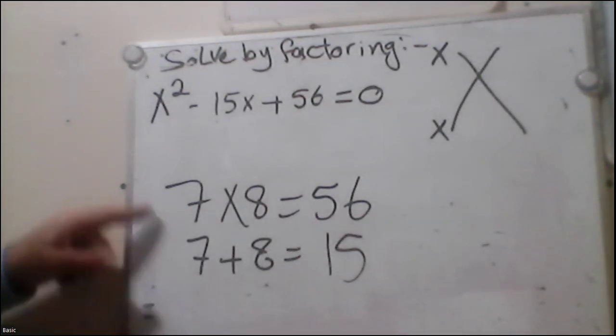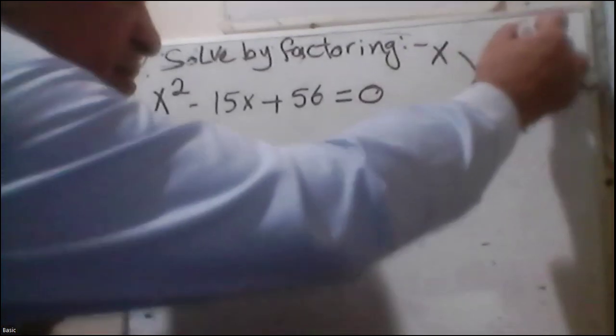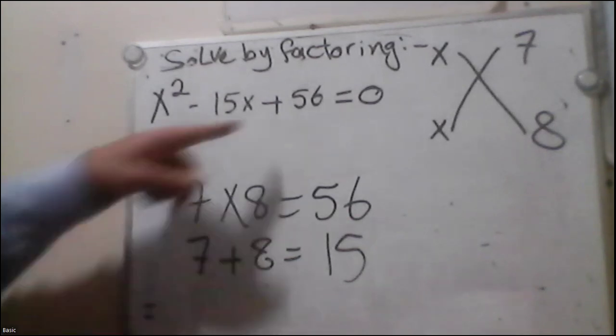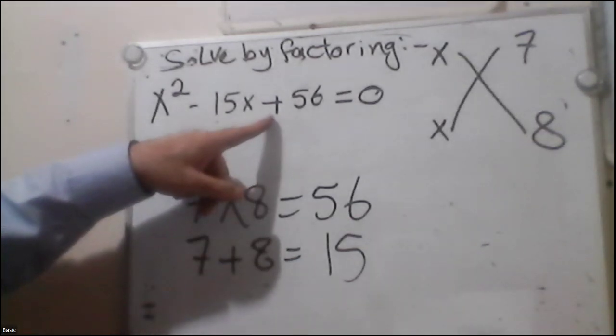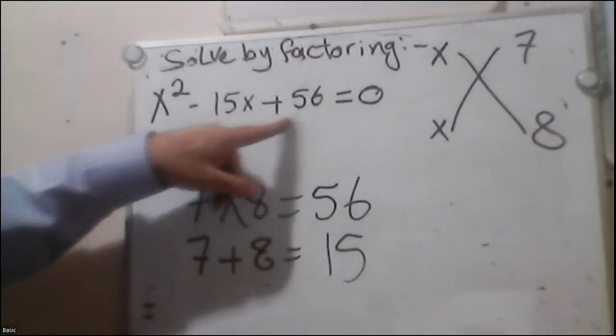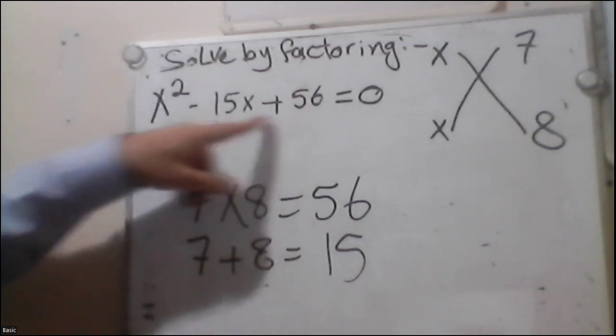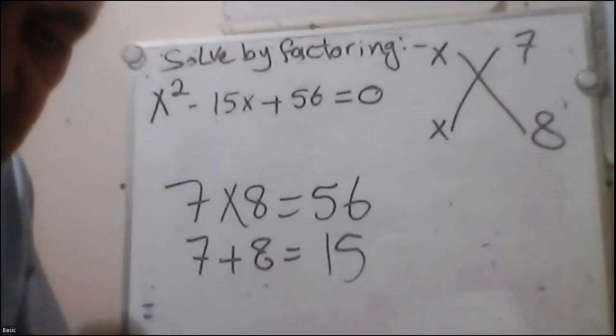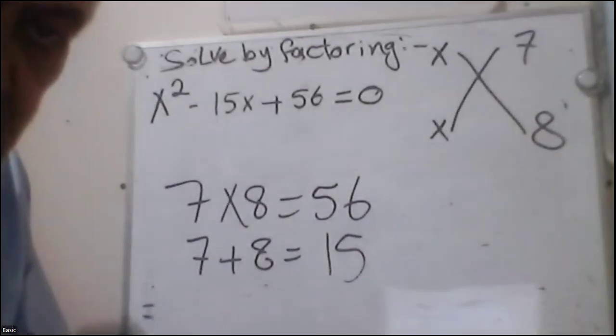So here I will say this is 7 and this is 8. Cool, guys. Once the signal of the last number is positive, then the middle one will take the signal. I will just show it to you right now.